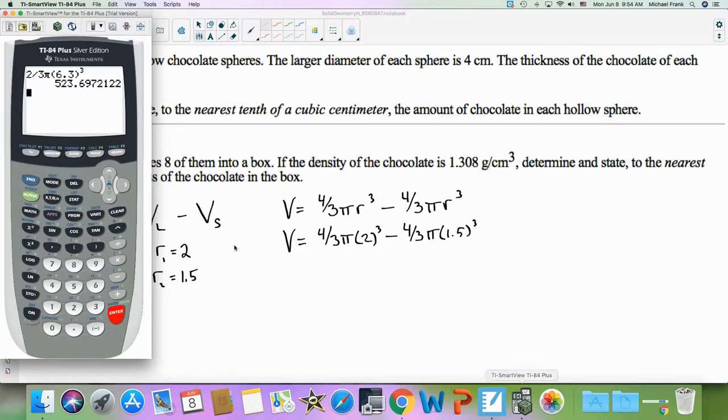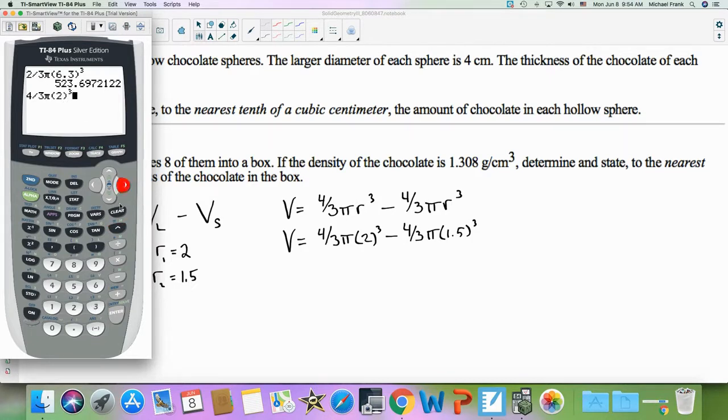So I'm going to come over here to my calculator and just put it in there, because it really just wants the nearest tenth. So why not get it all in there? So 4 divided by 3, pi, 2 to the third power. I know what that is, but I'm still going to put it in there. Now here I got to get down from my power.